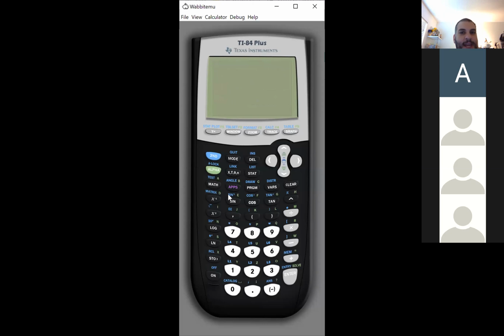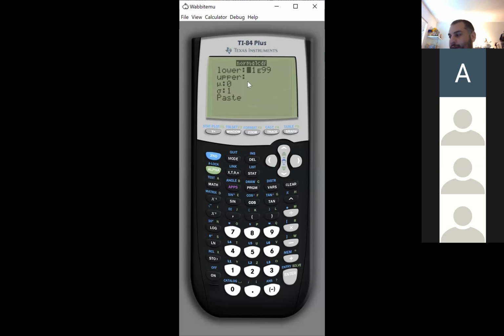Okay, so for the TI-83 or 84, you wanna hit the second button, the blue button. The reason you know it's on second is that it should become an arrow pointing up, and you hit VARS. If you click right here, you notice for number 2 it says normal CDF. You select normal CDF.